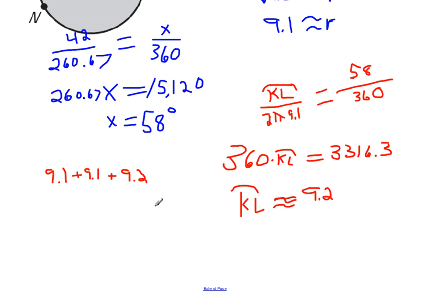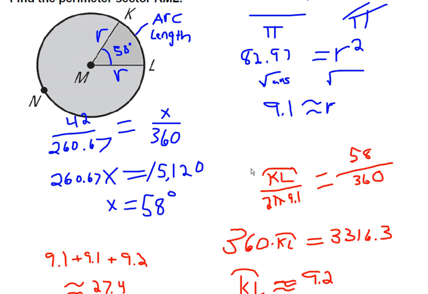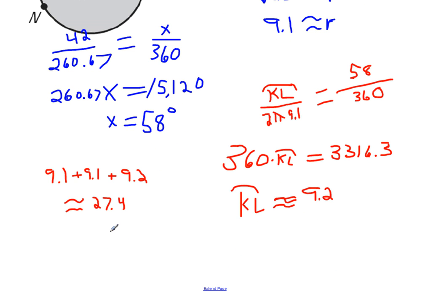This is probably about the hardest problem that you would deal with sectors, so hopefully this made sense. And you should get approximately, this is very approximate, we've been rounding all throughout this problem, 27.4, and we have a label, inches. And that's not an area, that's a perimeter. That's a distance around.